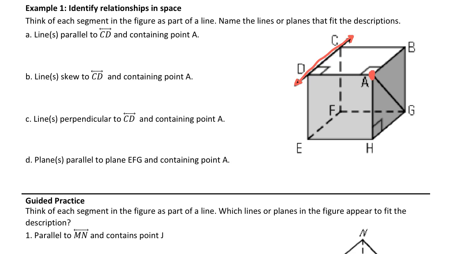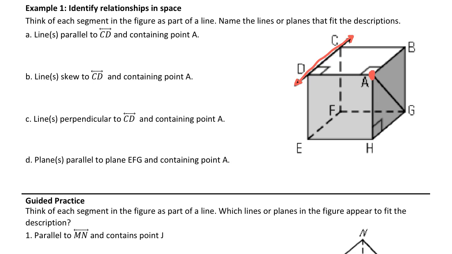So from knowing some of the vocabulary, parallel means two lines that don't intersect that are part of the same plane. So we need to find a line that is part of the same plane as CD and will never intersect.